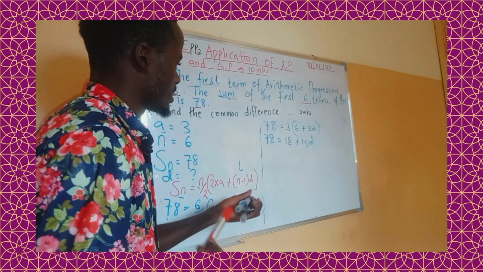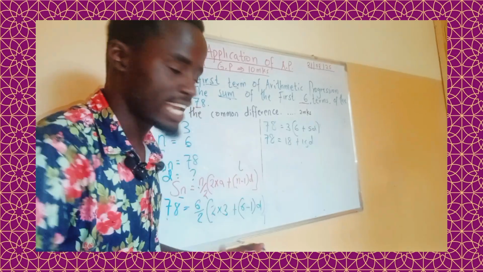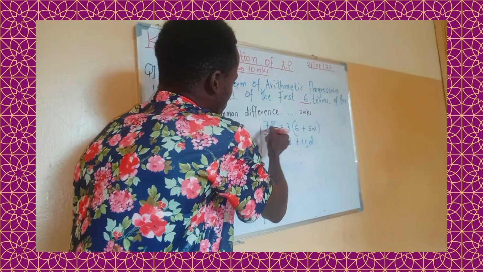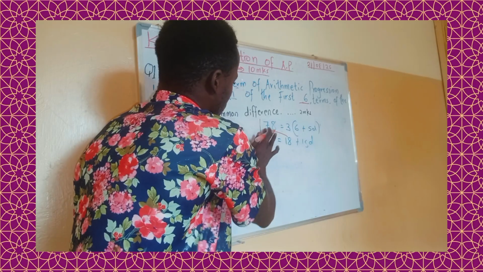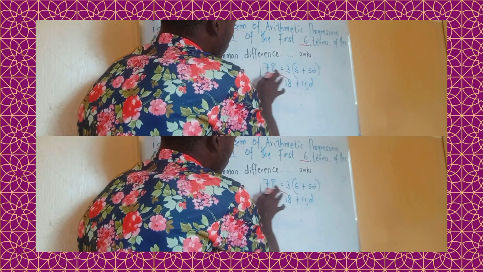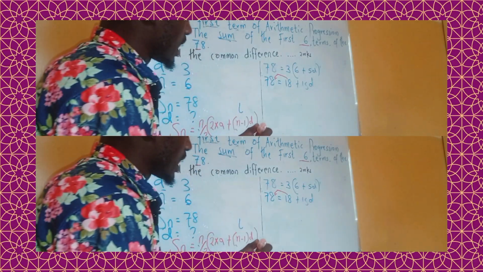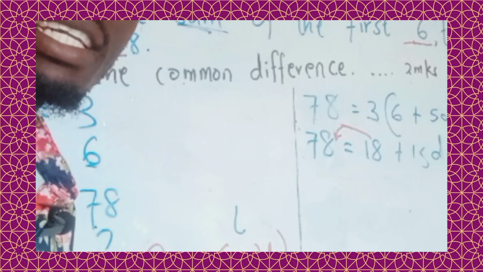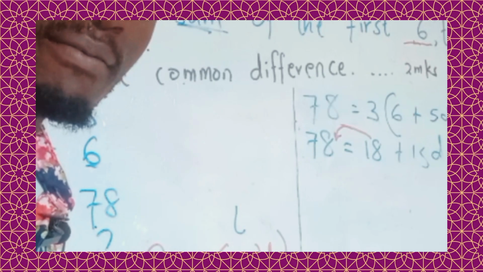What happens next? We collect the like terms by bringing this 18 to the other side. Once a number crosses the equal sign, what happens to the number?